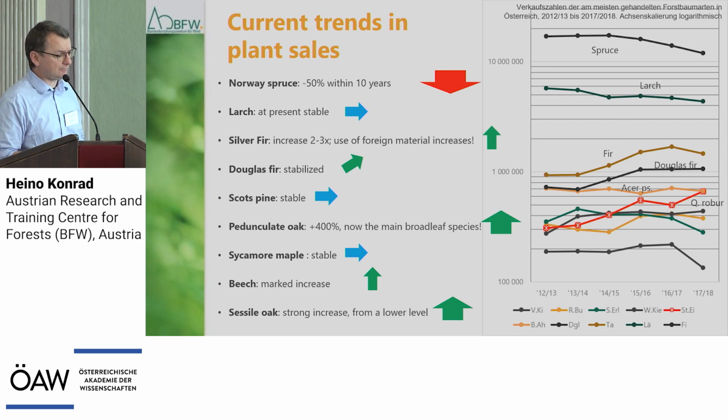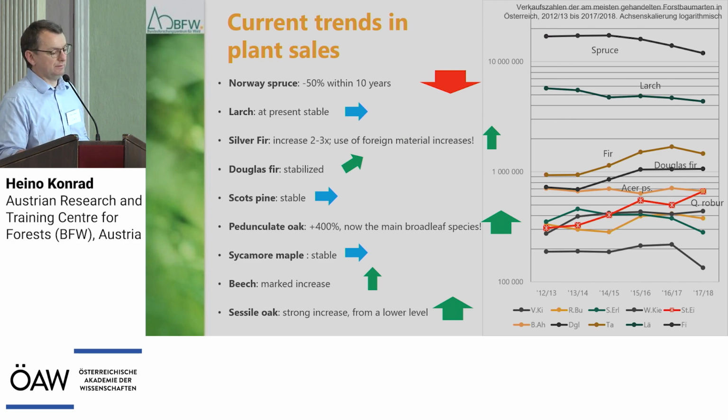So it has dropped by 50%, so we need to look at that, but spruce is really going down. The silver fir has increased almost threefold.